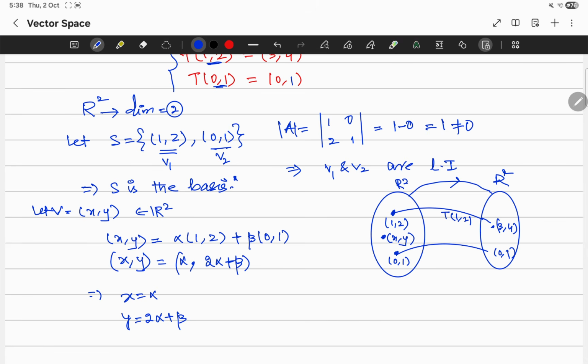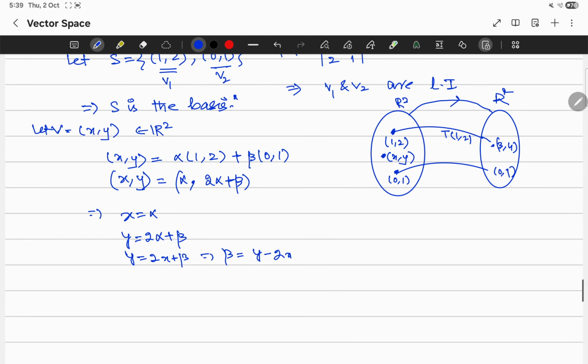Put the value of alpha, you will get y is equal to 2x plus beta. So beta is equal to y minus 2x. From this, your alpha is x and your beta is y minus 2x.